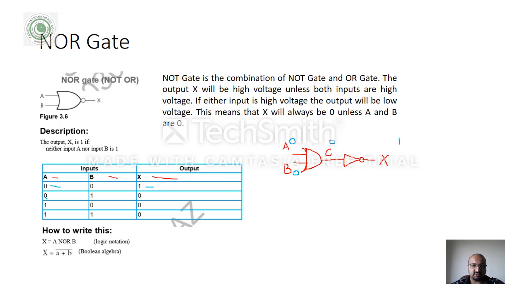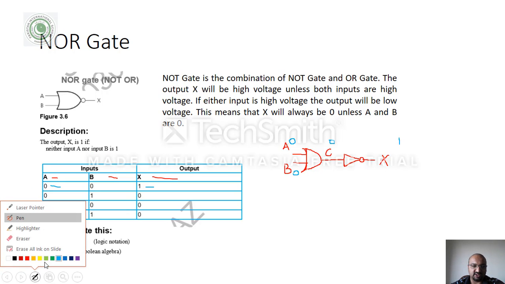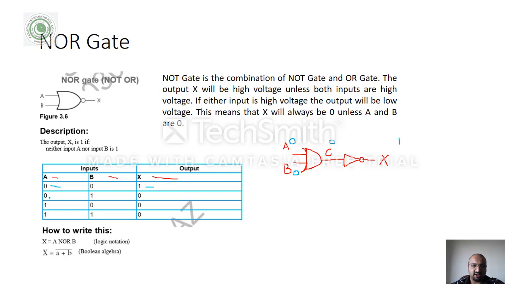Now here A is 0 and B is 1. In the OR gate, if either A or B is high voltage, the output is high voltage. So when it passes through the OR gate it is high voltage, but here is an inverter, that is, the NOT gate, so 1 is converted into 0.